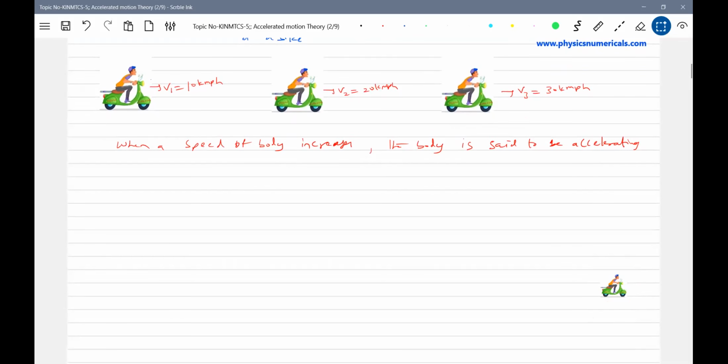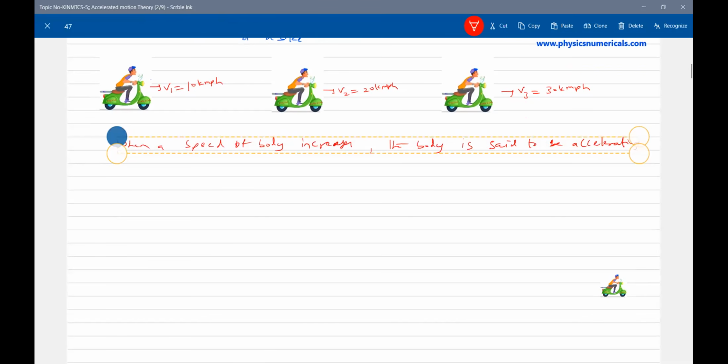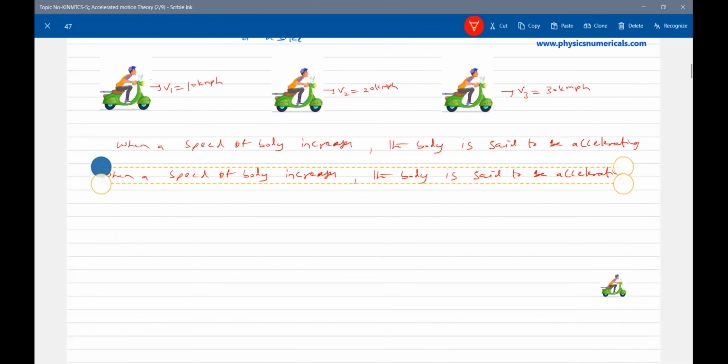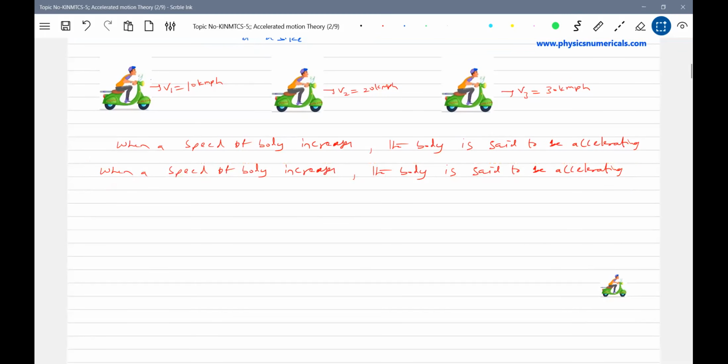Okay, now similarly, when the speed of a body decreases, the body is said to be decelerating.